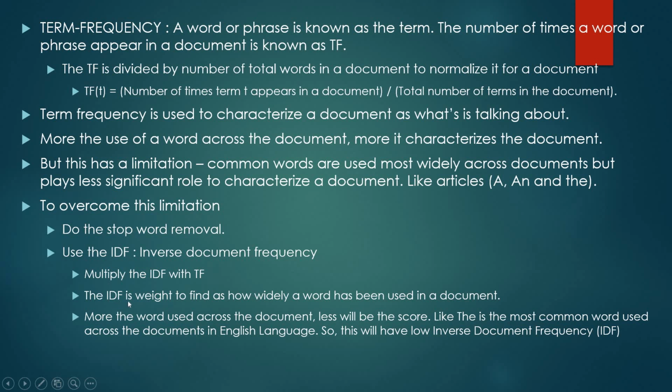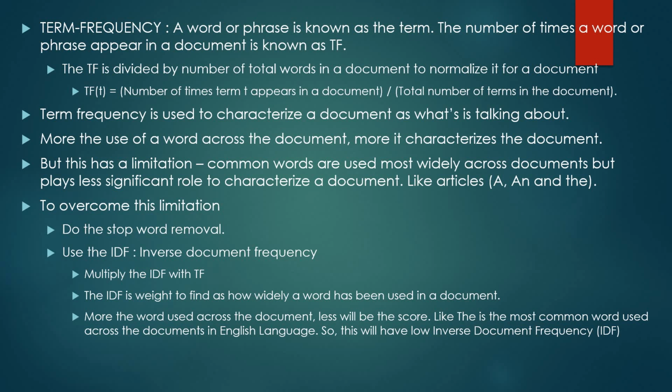So it is inverse. Across the documents, if some word has been used most widely, then if you take the inverse, obviously the score will be less for that word, right? Suppose there are 5 to 6 documents, and they are all written in the English language. Which word will you find most often?